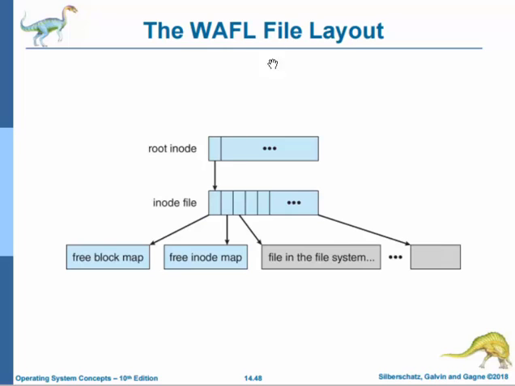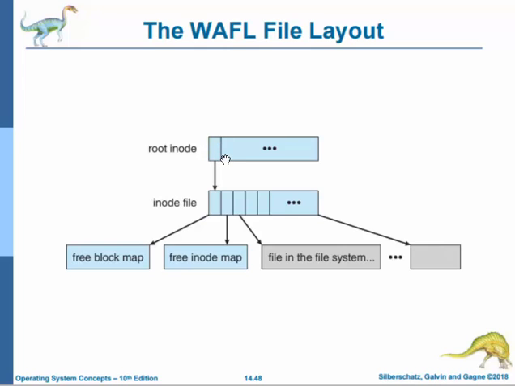So here's the WAFL file layout. As you can see from this figure, it's block based and uses inodes to describe the files, and each inode contains 16 pointers to the blocks or indirect blocks belonging to the file described by the inode.